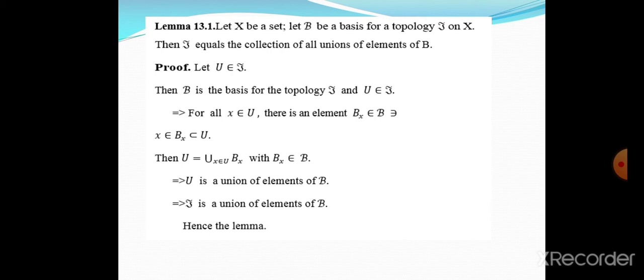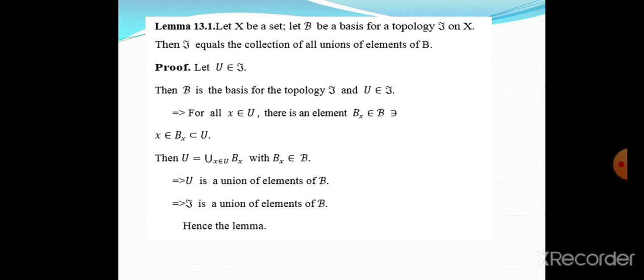So you have to take the union. Then U equals the union over x belongs to U of Bx, with Bx belongs to script B. Script B is a basis, so Bx is an element of the basis.